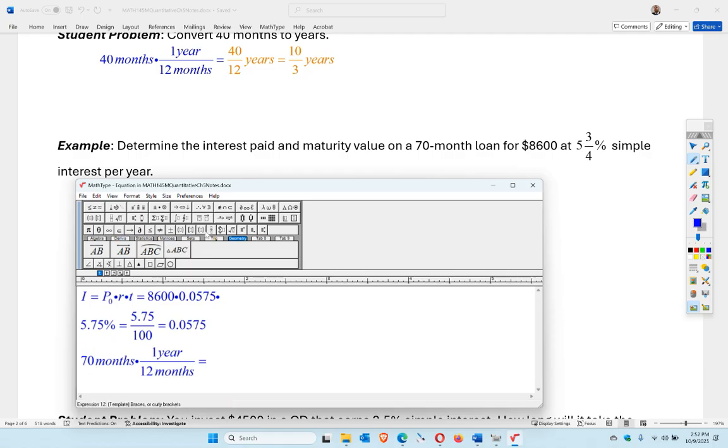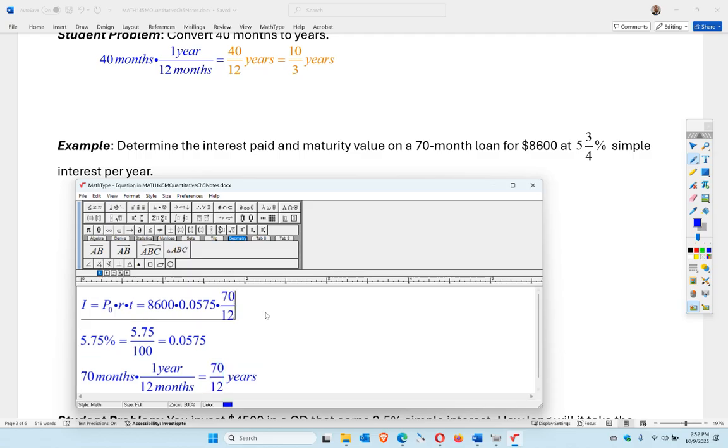And I get a ratio of 70 over 12 years, right? So I'm going to put the ratio up here, right? Can I simplify 70 over 12? Sure. Do I need to? You absolutely do not need to do that, right? So we just need to plug this into our spreadsheet to get our interest, right?